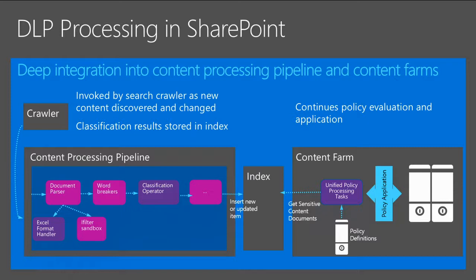It continues to do those evaluations, correcting and setting the content appropriately within the content databases. So it's really a two-stage process that works continuously once you've deployed the policies to keep you in compliance with those policies.